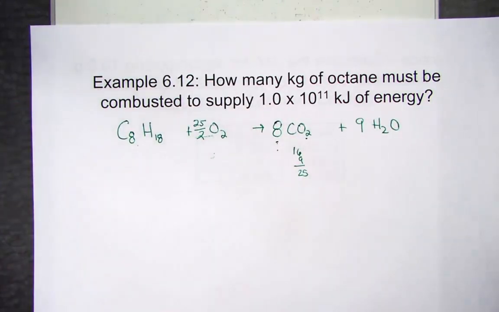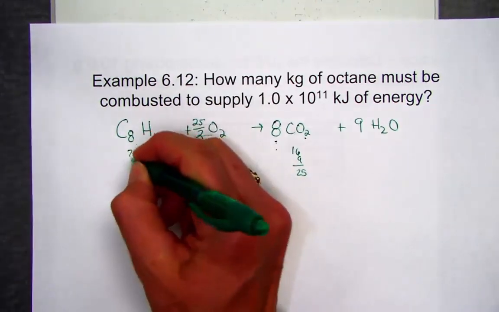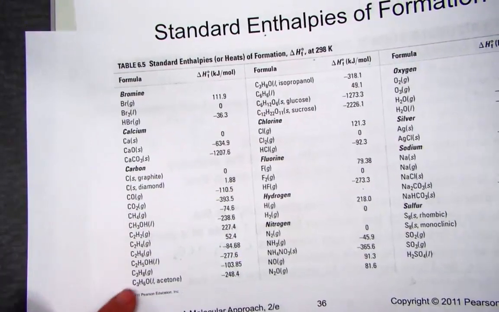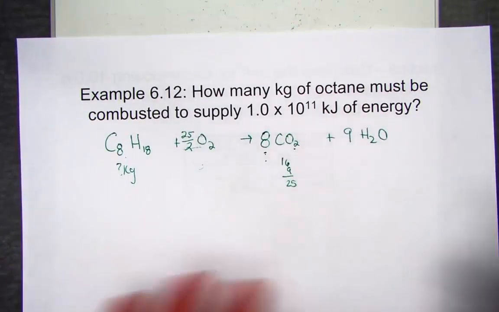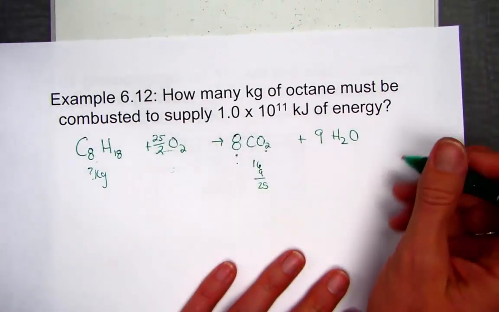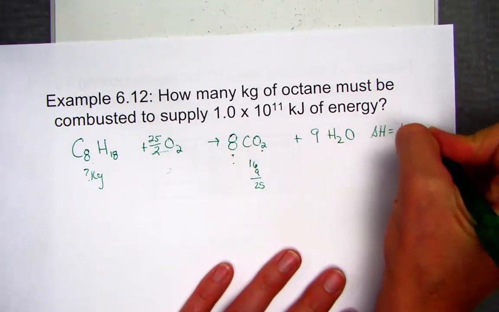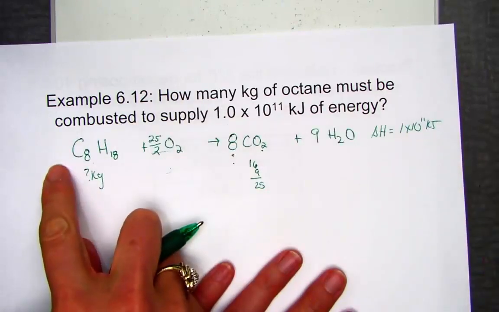Alrighty. So, how many kilograms of octane? I guess we're ultimately trying to solve for octane, C8H18. C8H18 isn't on our list, but we can solve for it. So suppose the delta H for this reaction is 1 times 10 to the 11th kilojoules, and that's for every 1 mole of octane.